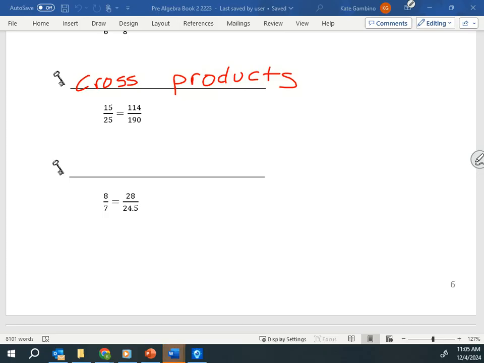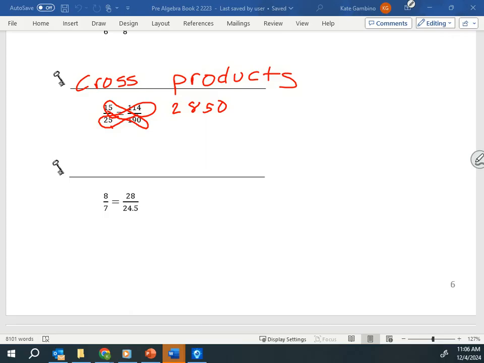So if we have 25 times 114, what do we get? Who has a calculator out? 2,850. Now we do 15 times 190.